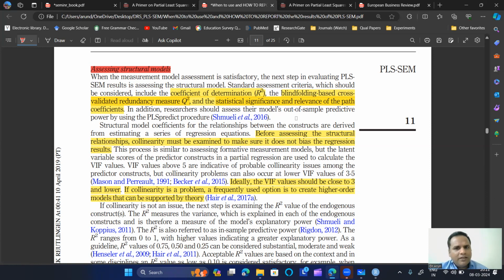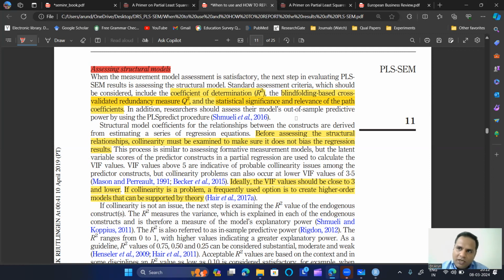So people say, okay, let's borrow the technique of assessing the predictive validity of the model from the computer science discipline. In computer science, people divide their data into two parts: one is your training sample, and the second is your holdout sample. You estimate your model on the training sample, and then you perform the predictive validity assessment of the model on your holdout sample.